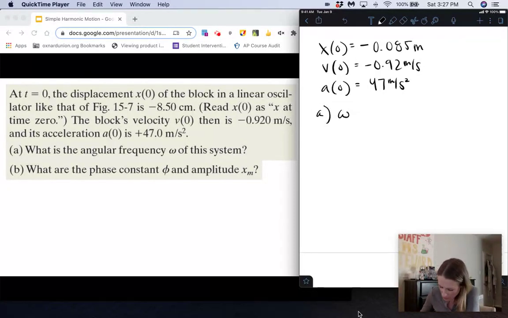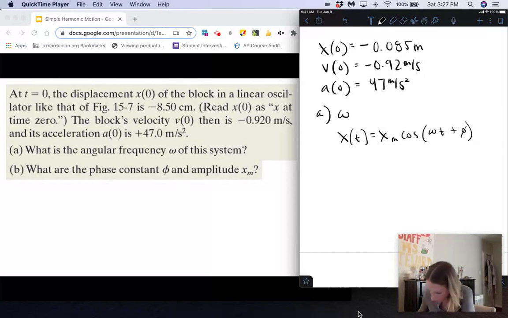We know our displacement equation is: displacement as a function of time is equal to the maximum position times cosine of the phase, which is omega times t plus the phase constant. If I'm talking about the displacement at time t equals 0, I can plug in 0 for my time in the phase. So I get displacement at time 0 is equal to x maximum times cosine of just the phase constant, because t is equal to 0.